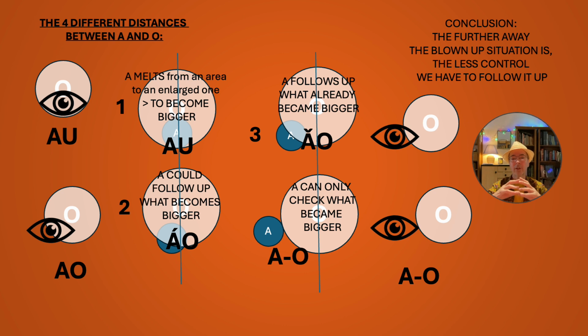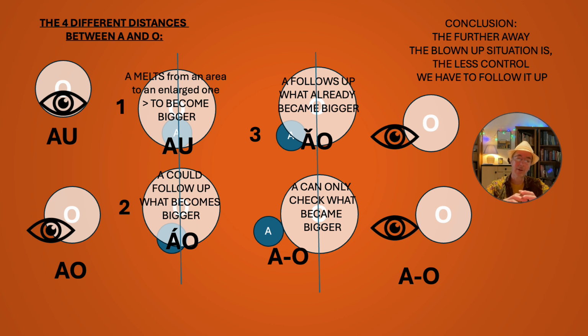OW, which is a bit different. There, the difference between A and O became significant. And there it is really a follow-up of what became bigger. And there your mentality could, yeah, it's not a direct influence anymore, but maybe you can still interpret it a bit afterwards already.